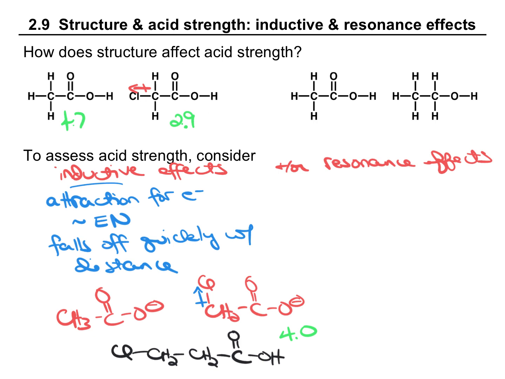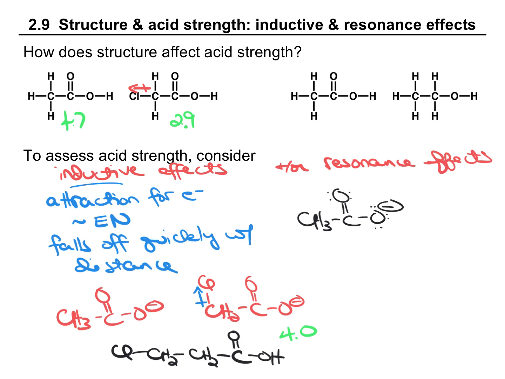Now, in our other example, we have the same carboxylic acid, and then here we have an alcohol. So it's got the OH, but it doesn't have the C double bond O. So let's write out the conjugate base for each of these. So for the first one, we have the CH3, C double bond O, O minus, and I'm going to fill in some details.